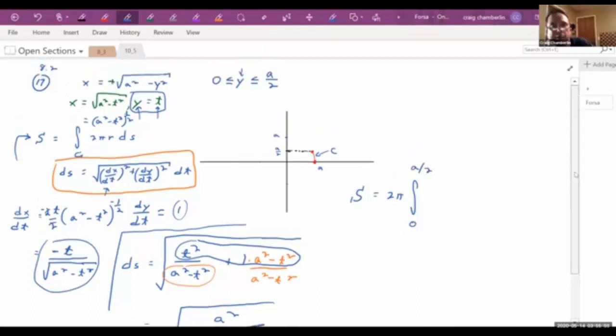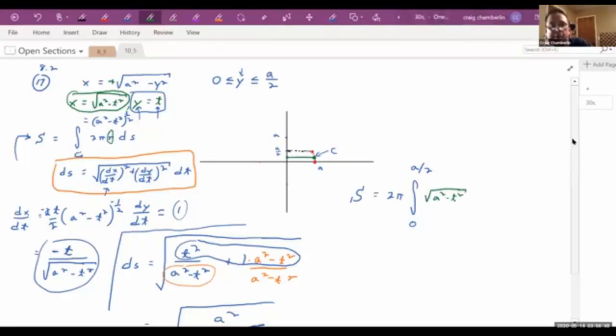Okay. And then what's r? We're rotating about which axis? The y axis. So if you draw an r, r is a horizontal value, so that's an x distance, isn't it? And what is x in terms of t but the square root of a squared minus t squared? So my r that I'm going to stick in the formula then is going to be the square root of a squared minus t squared.